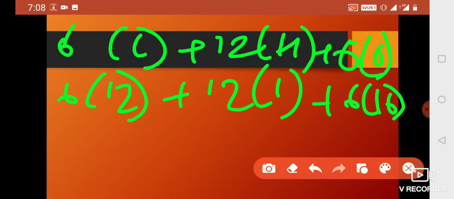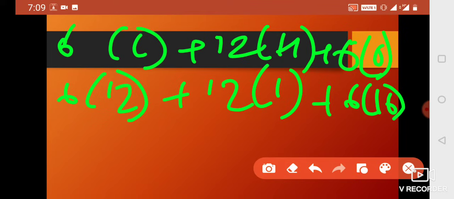Okay. Please remember the atomic masses, otherwise your molecular mass will not be perfect. Even if you are clear with how to make chemical formula, if you are not remembering atomic masses, then your molecular mass will not be accurate. It is incorrect. Okay, so be clear with both the topics.